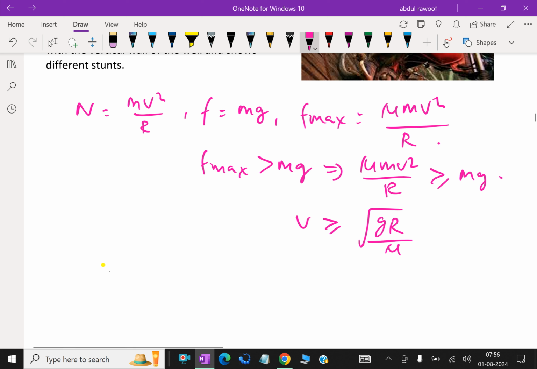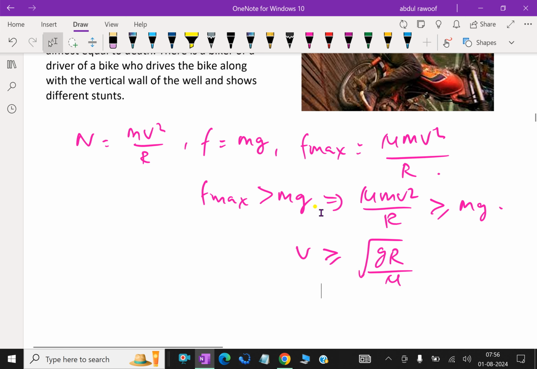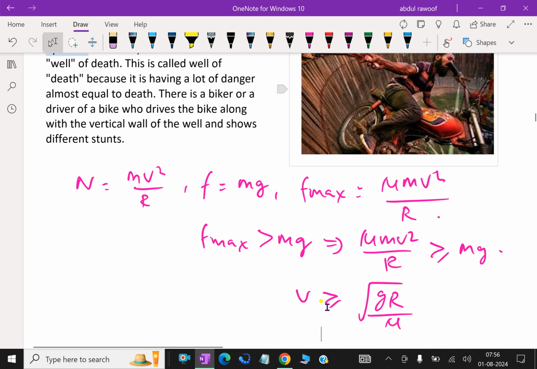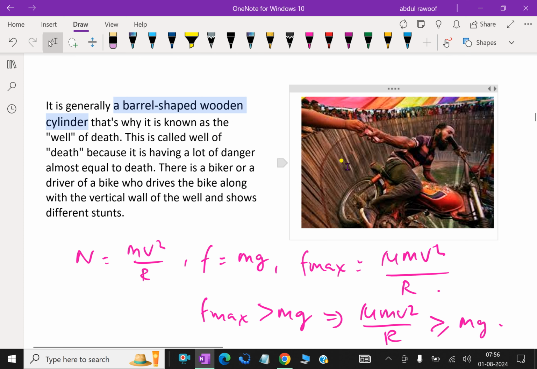This is the formula for the limit of the speed around the well: it must be greater than or equal to the square root of gr by mu. Suppose this speed v is reduced while rotating, he will come down, which means he may skid on the wall.